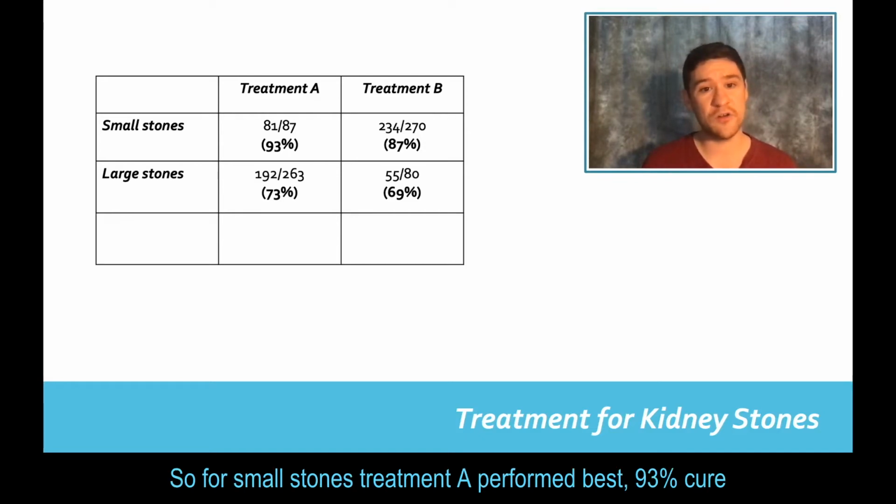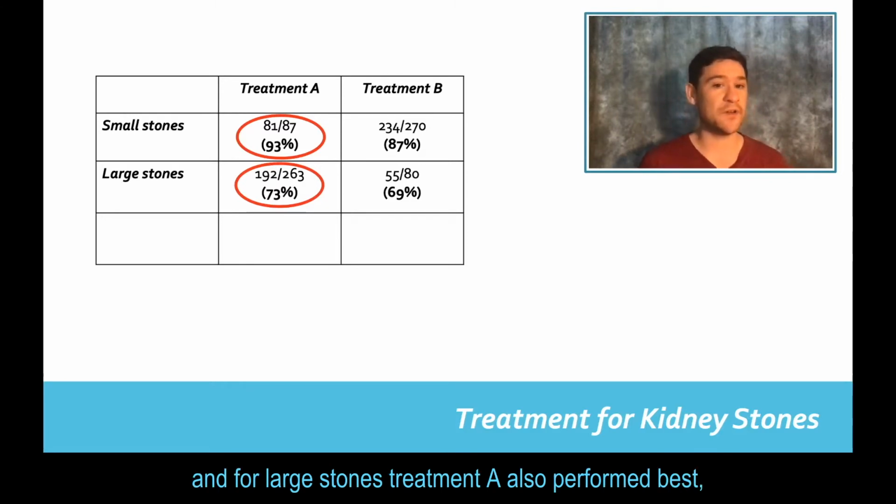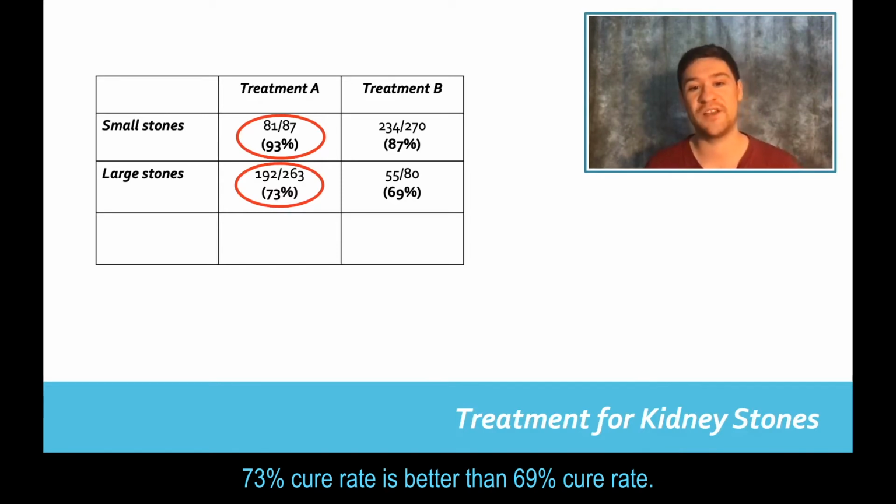For small stones, treatment A performed best, a 93% cure rate is better than an 87% cure rate. And for large stones, treatment A also performed best, a 73% cure rate is better than a 69% cure rate.